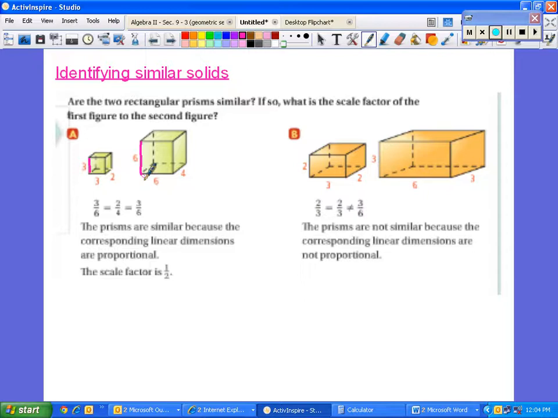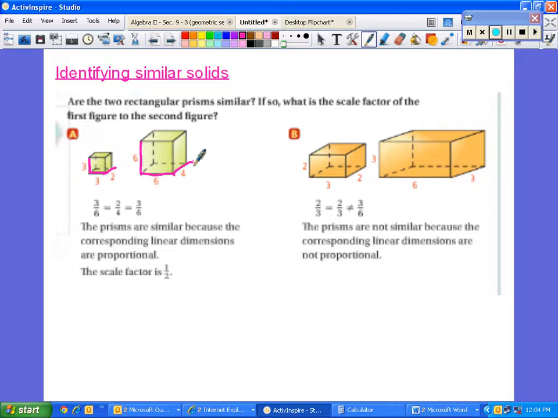So the side on the side, so to speak, is in a ratio of 3 to 6. Then I look at the bottom. The bottom of this one is 3. The bottom of the big one is 6. 3 to 6. And then I look at the one going up towards the sky. The little one is 2. The big one is 4.